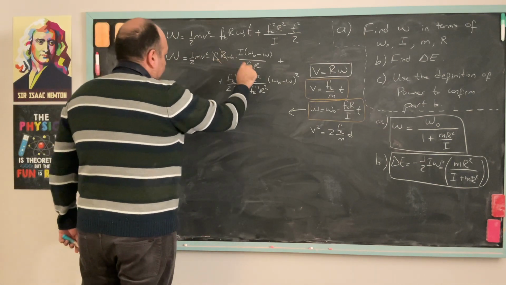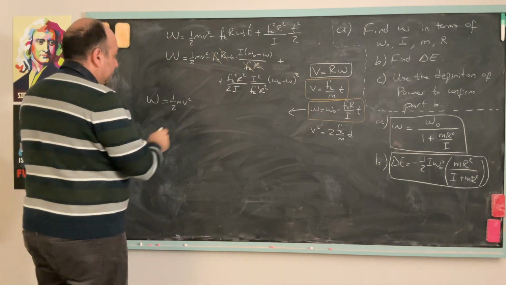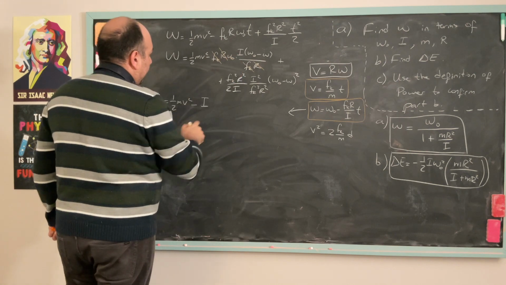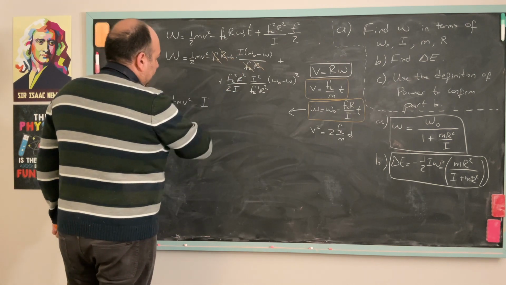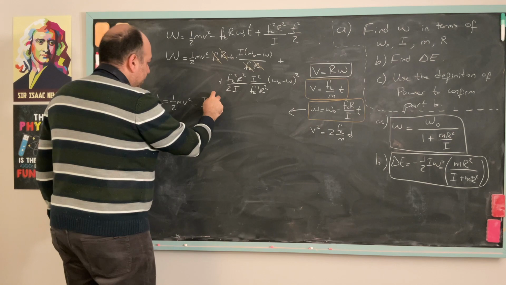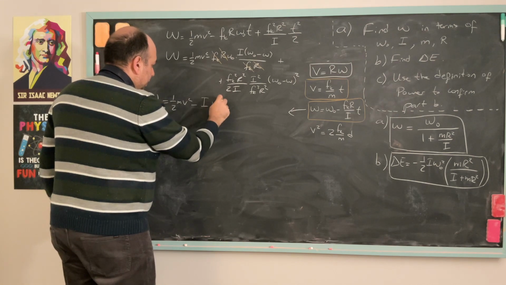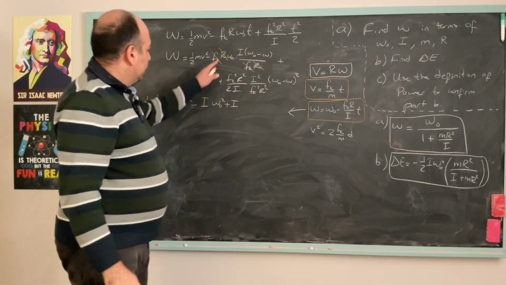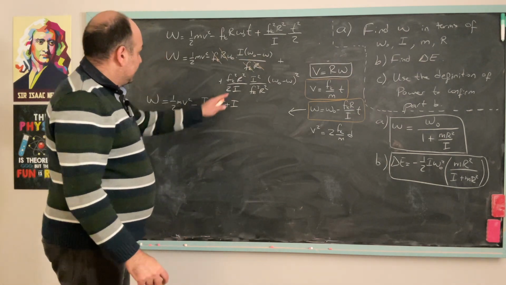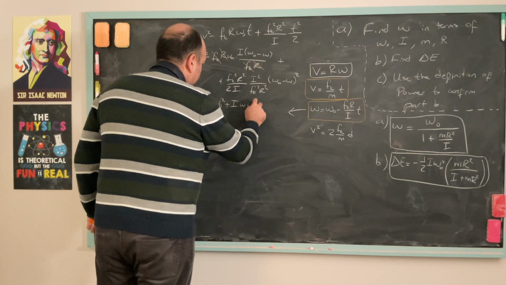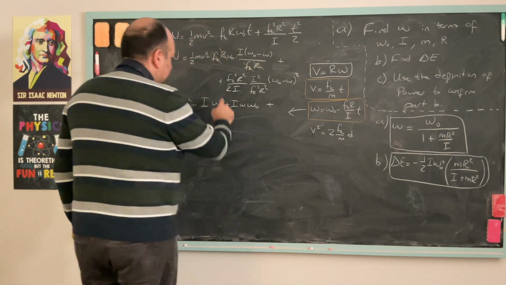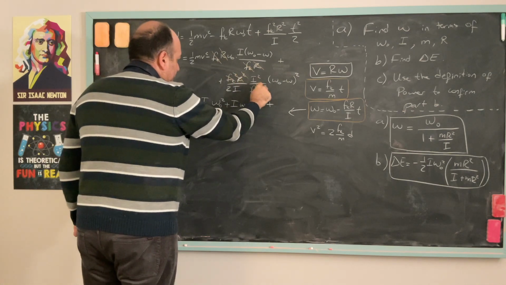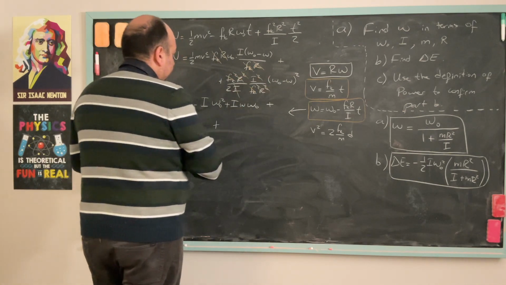So FKR, I'll have minus I omega naught squared, plus I omega naught omega, plus the other term here, FK squared R squared, and I can cancel one of the I's here.